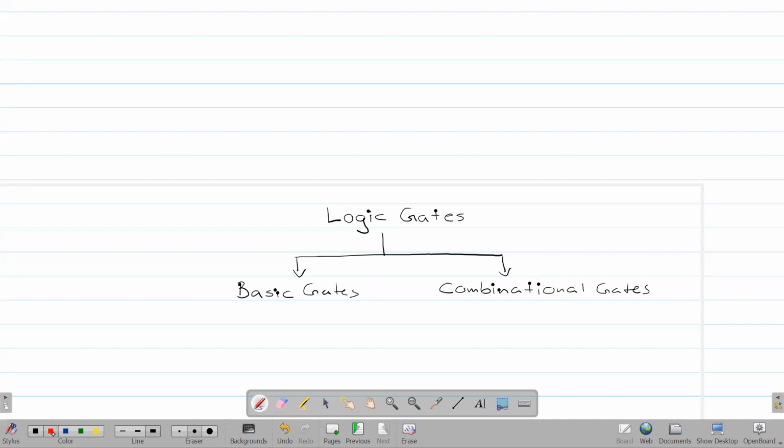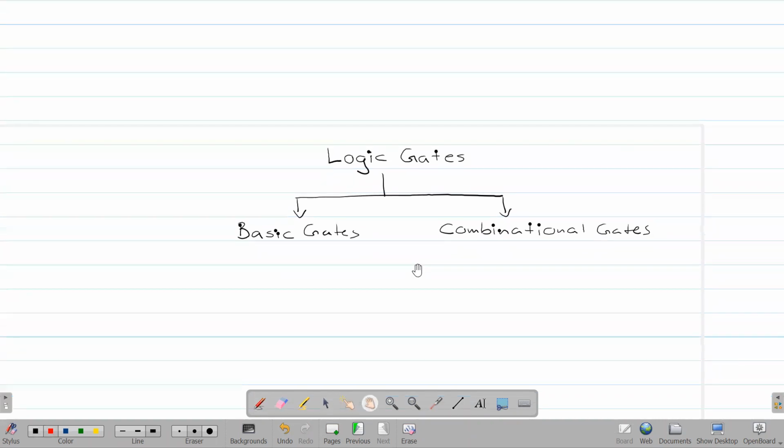Right, now when it comes to the basic gates, there are three types. Actually, there are four types, but in your syllabus, we are only talking about three types. The first one is called the NOT gate. The symbol goes like this.